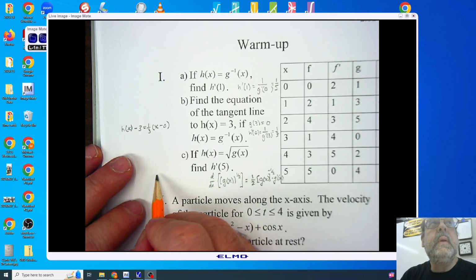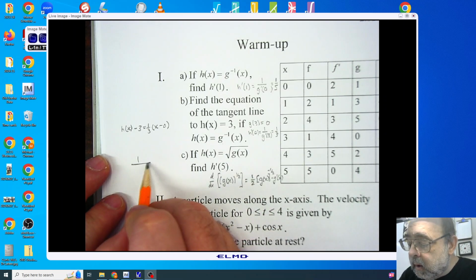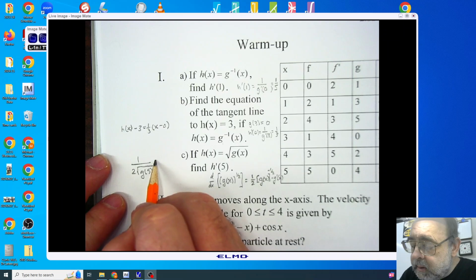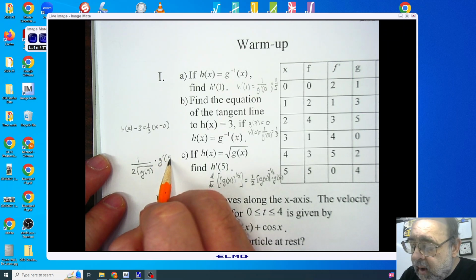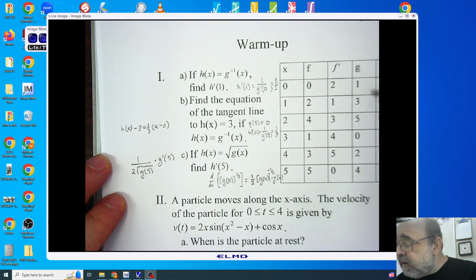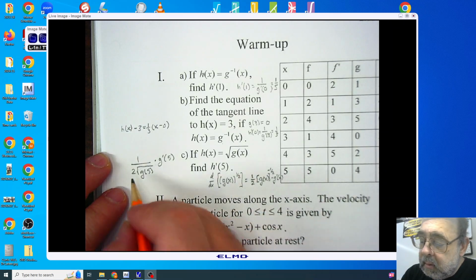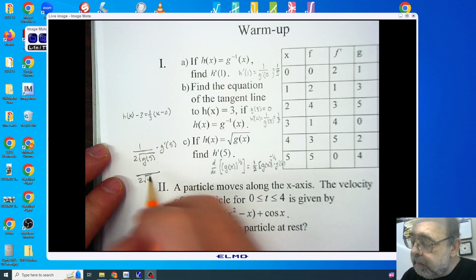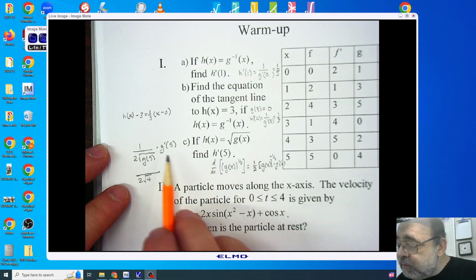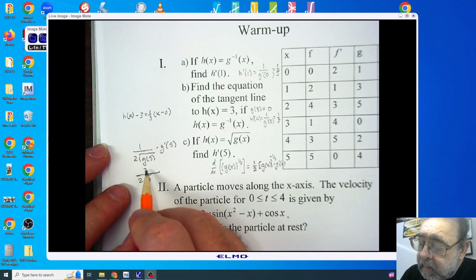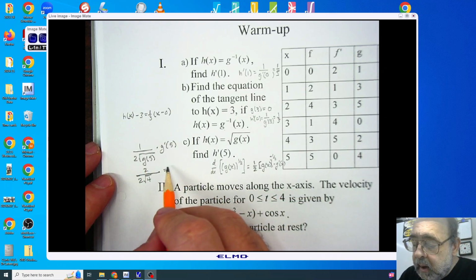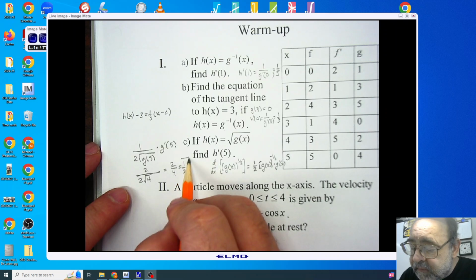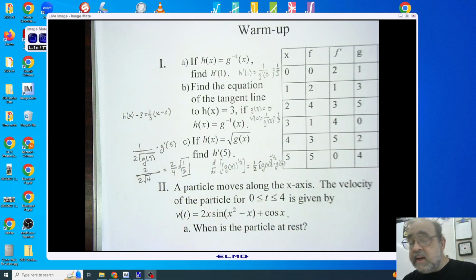So I want 1 over 2 times the square root of g of 5, times g prime of 5. Well, what is g of 5? g of 5 is 4. So I have the denominator 2 square root 4. And up in my numerator, I have g prime of 5, which is a 2. I'm now going to reduce it, and I get 2 over 4, which gives me 1/2. And my answer to 1c is 1/2.